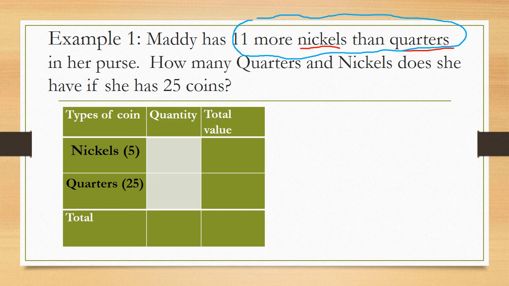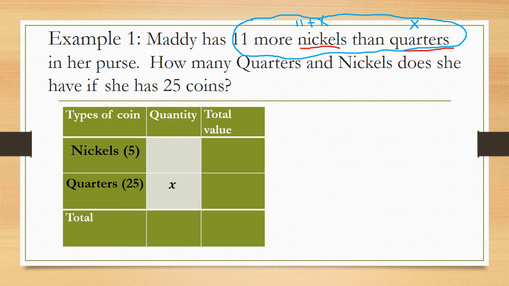To be able to define the number of nickels and quarters, I'm going to name the later one, which is quarters, X. To translate the quantity of the coins correctly, I would suggest that you always name the later coin mentioned with X, which makes nickels equal to 11 more than X, which is 11 plus X. And this is what I'm going to put in the table for the quantity.